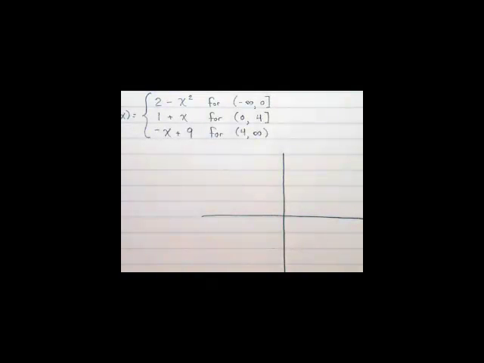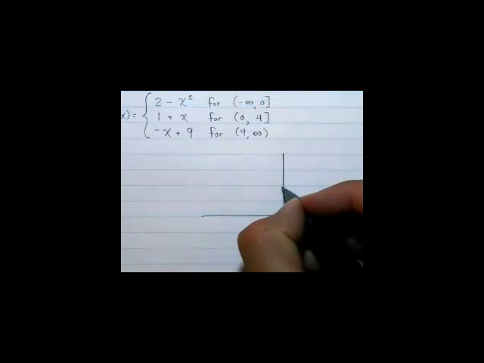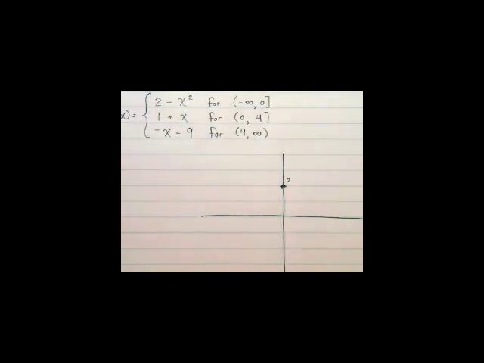So at 0, what's the value of that parabola? 2, right? You plug in a 0, you get 2. So that parabola is going to be here at 2, and that's a bracket, so it will get there. So I'll put a solid dot there.